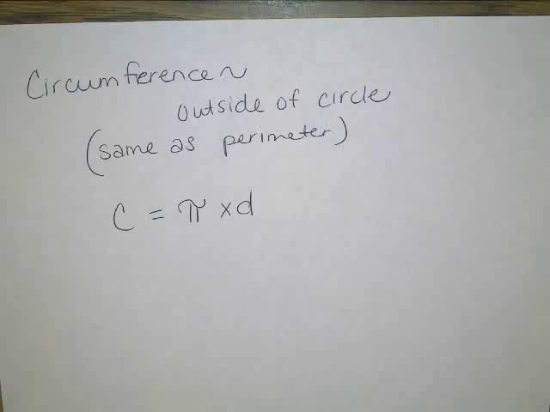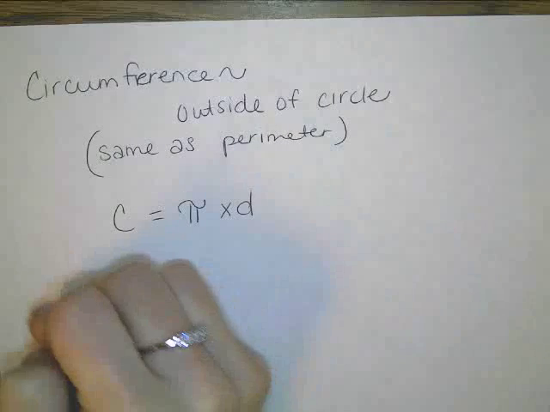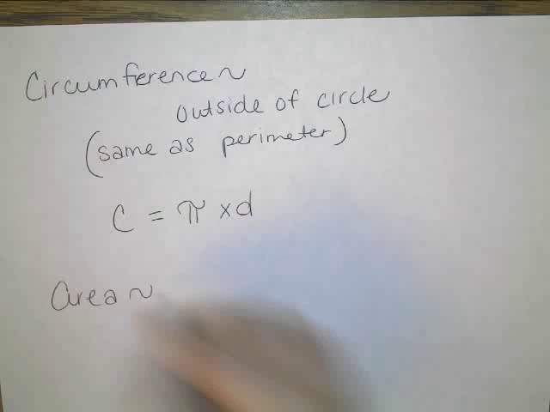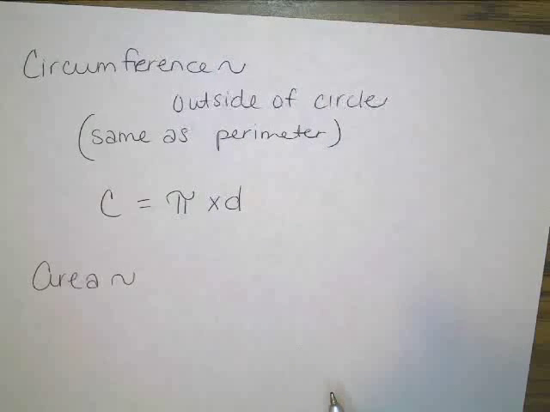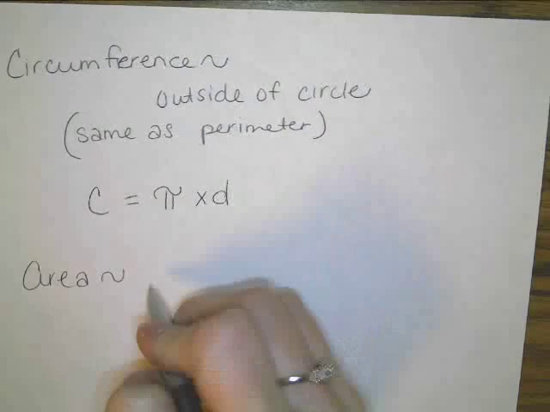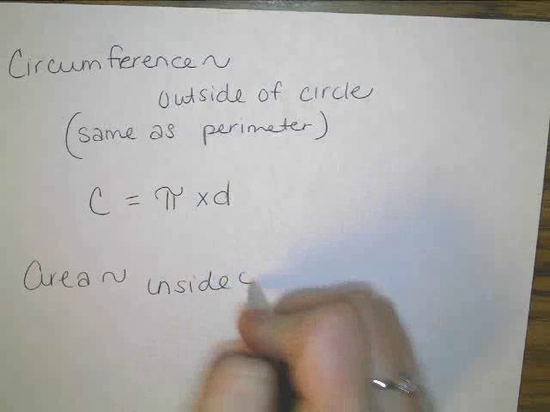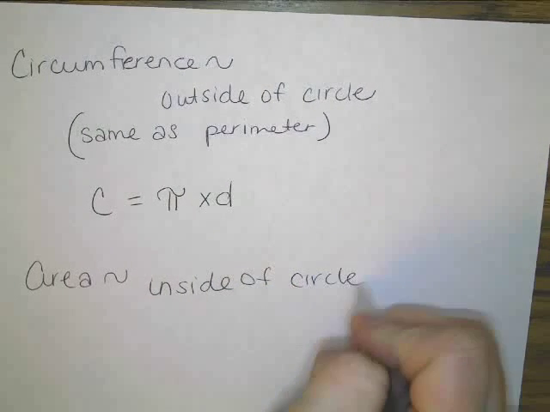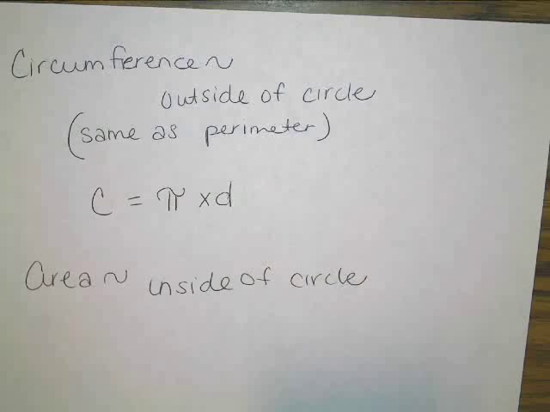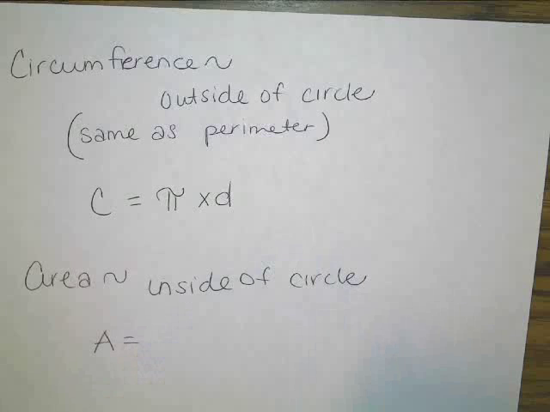Okay? So here's how to remember the difference between circumference of a circle and area of a circle. Ready? Here's my area. What's it going to measure? Outside or inside? Okay, so we have inside of the circle. And does anyone know the equation? It has something to do with the radius.